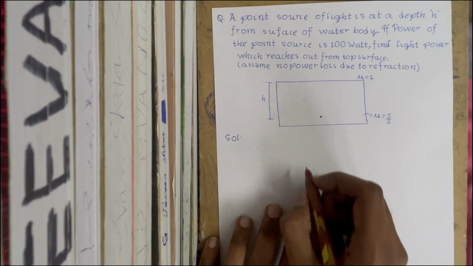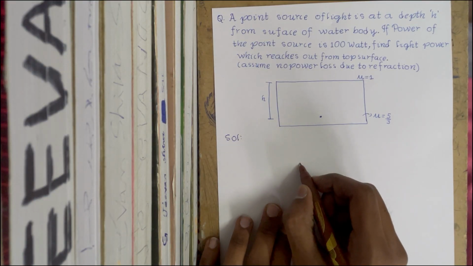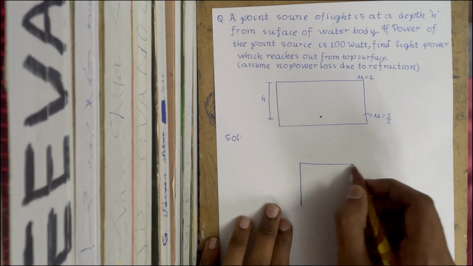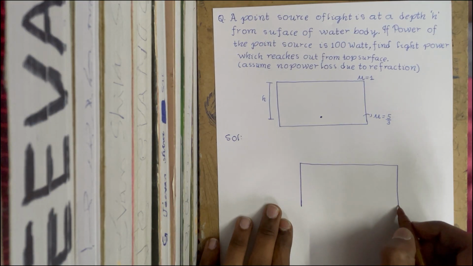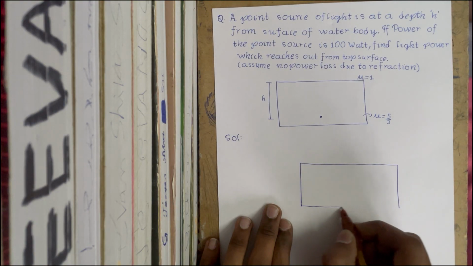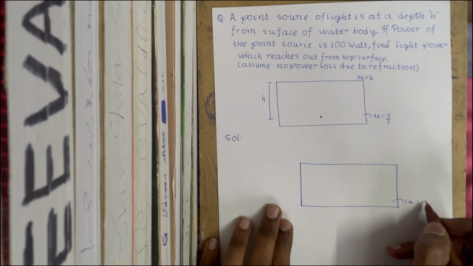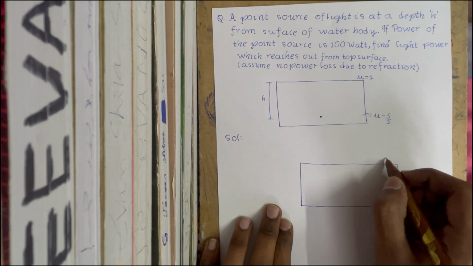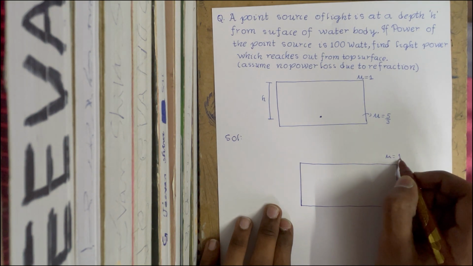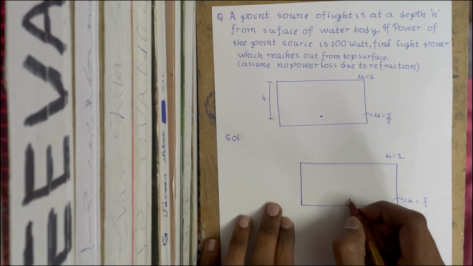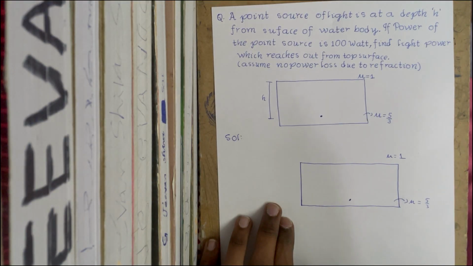So this was a slab made out of some material which have a refractive index of 5 by 3, and here it was vacuum. So this was the point source of light.